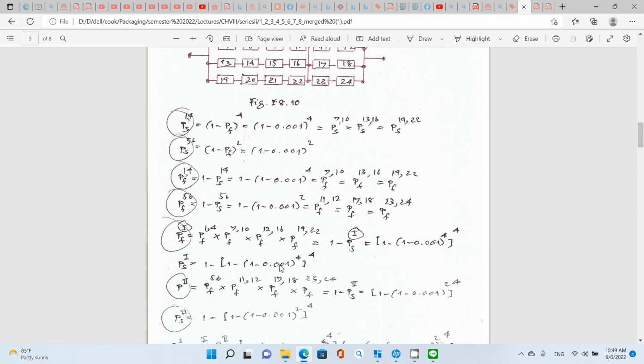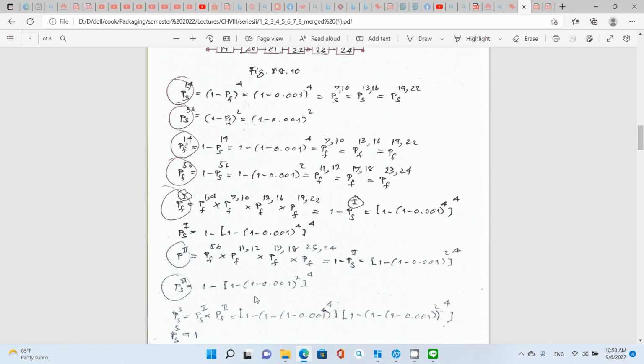For system 2, you do the same, with 3 rows in parallel. Your PF of 5 and 6, you already have right here: 1 minus (1 minus 0.001) to the second. Since there are 3 rows in parallel, you have the whole term to the power of 3, and PS2 is equal to 1 minus this term.